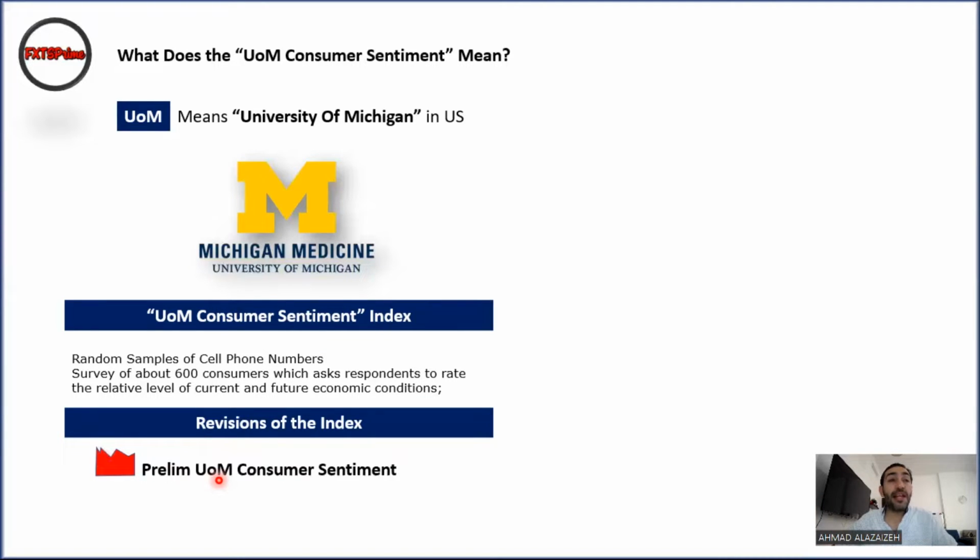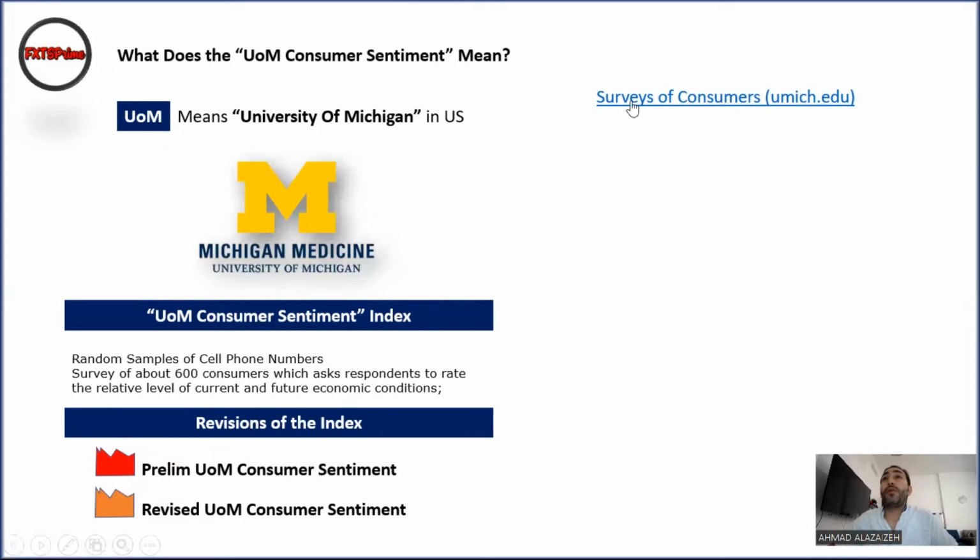We call it the preliminary University of Michigan Consumer Sentiment, the advanced index, and it will have the highest impact in the market. The second is the revised University of Michigan Consumer Sentiment Index, which has a lower impact than the preliminary index.